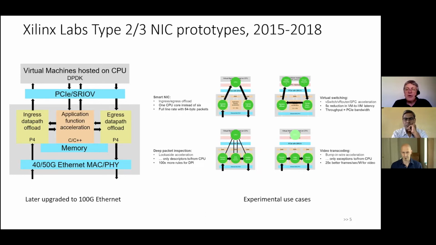So these were our experimental use cases, and it's to loosen up people today for thinking of the NIC as something that's a bit more sophisticated than just this kind of ingress data path and egress data path, and that there's far more interesting other data paths that can come up, and this will also feature in our other presentations and discussions.